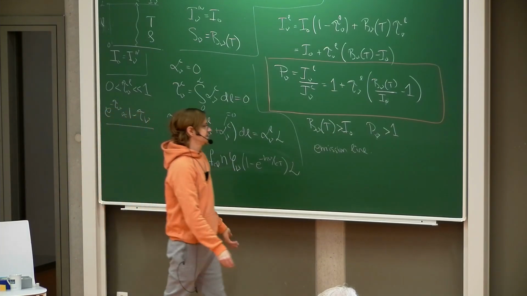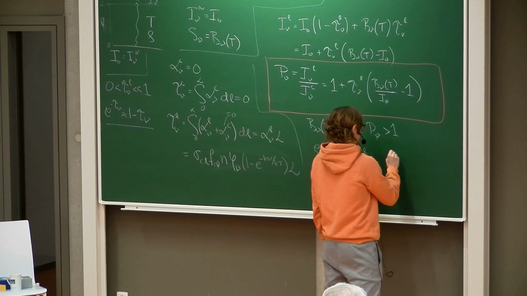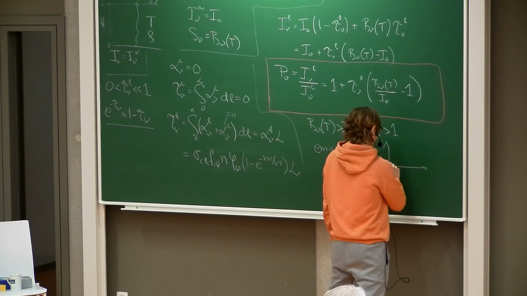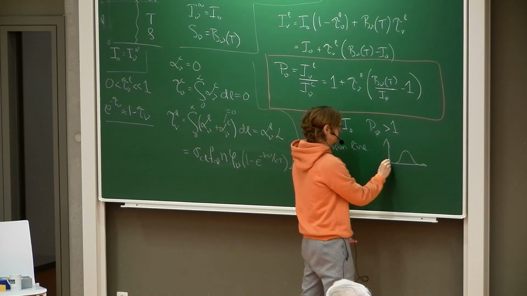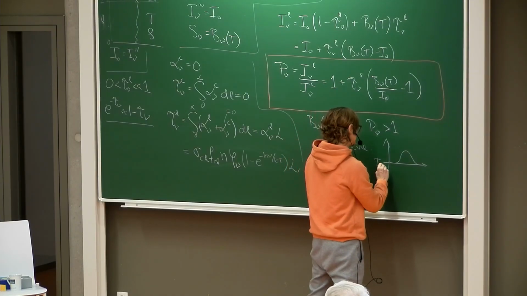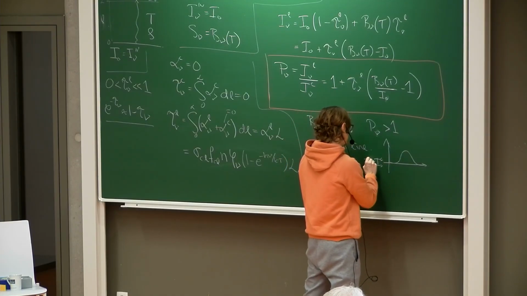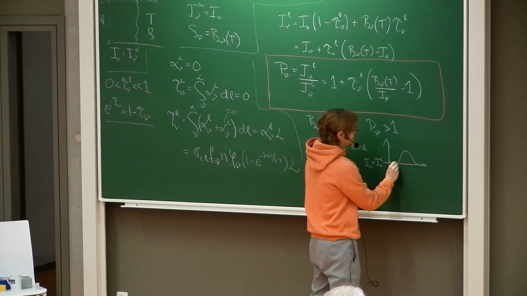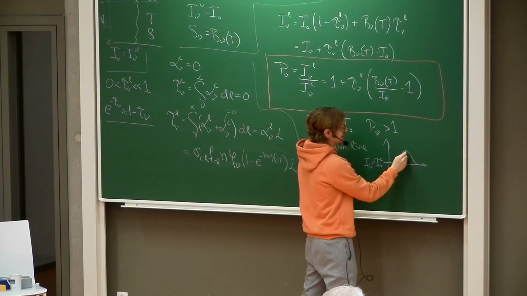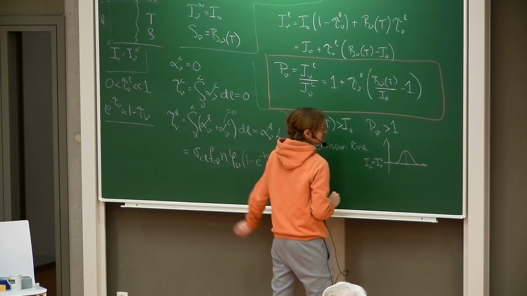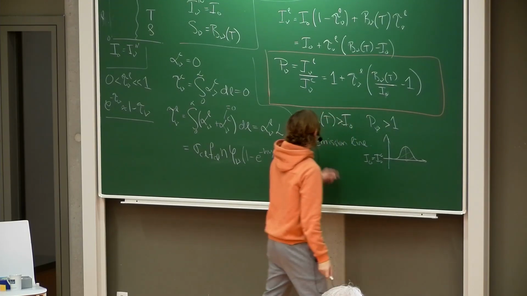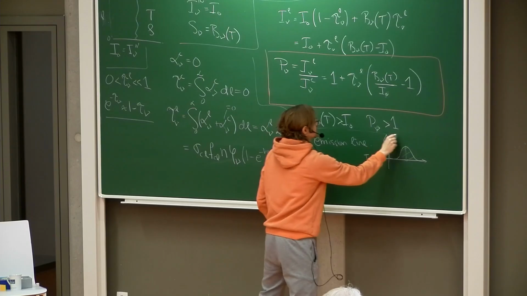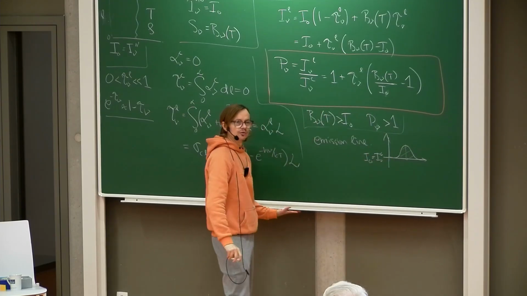Yeah? So then it will look something like this, where this level that I write here is the continuum level I0. And then as we go up, we'll reach a peak at the maximum at line center, as we know, and then it will go down again. And we have our emission line. If this condition is true.